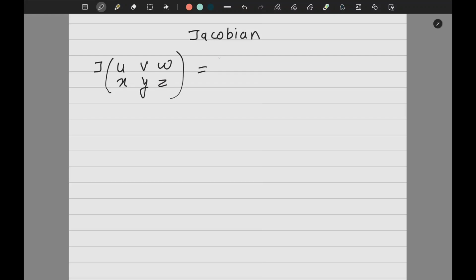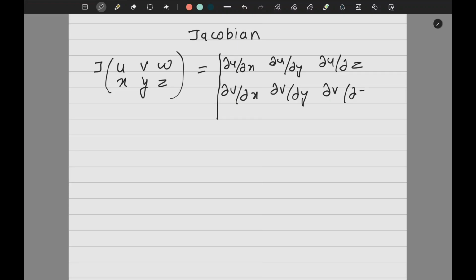If I write like this, it is a determinant value of dou U by dou X, dou U by dou Y, and dou U by dou Z. Dou V by dou X, dou V by dou Y, dou V by dou Z. And dou W by dou X, dou W by dou Y, and dou W by dou Z. So the simple way to solve is, when they give you the question, when U is a function of X, Y, Z, V is a function of X, Y, Z, and W is a function of X, Y, Z, just substitute here and put.